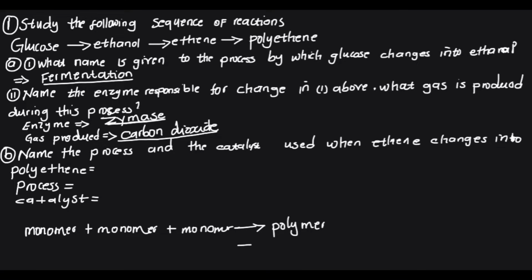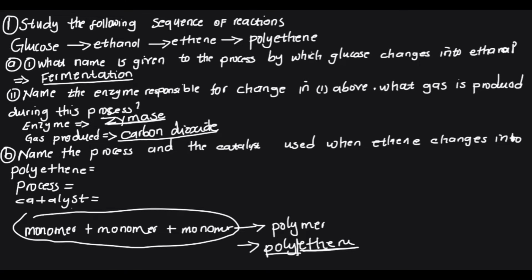Now from the word polyethylene, we can see that if we separate this word into two, we have the first part, poly, then the second part, ethene, which indicates the monomer that was used. Here, we need to know the process where we add 3 or 4 or 5 monomers to form a polymer.